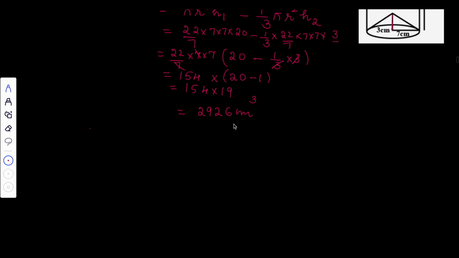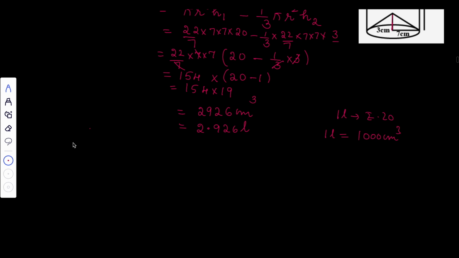Now since they gave the cost of milk, 1 liter is rupees 20, we want to convert this into liters, and 1 liter is equal to 1000 centimeter cube. So we divide this by 1000, and it becomes 2.926 liters.